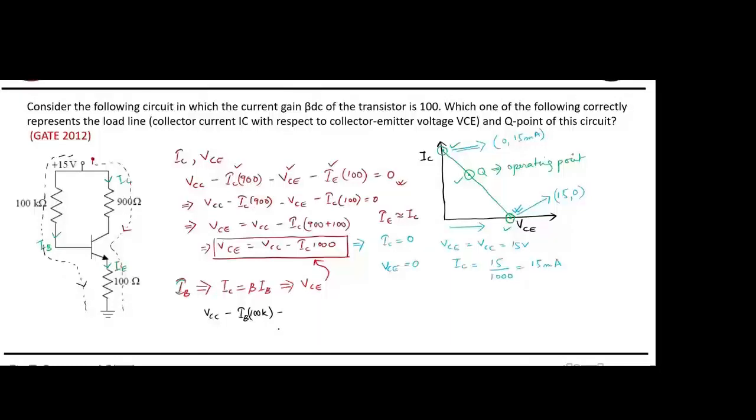Beta is given, but you don't know the IC value, right? You know only the IC at the extreme. You don't know the IC at this point, right?